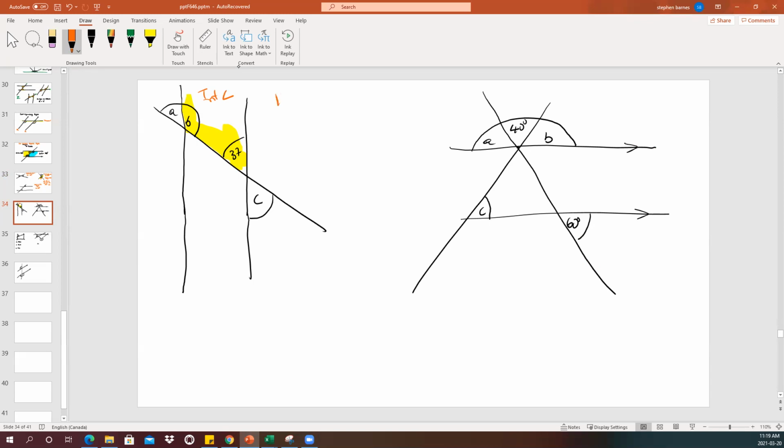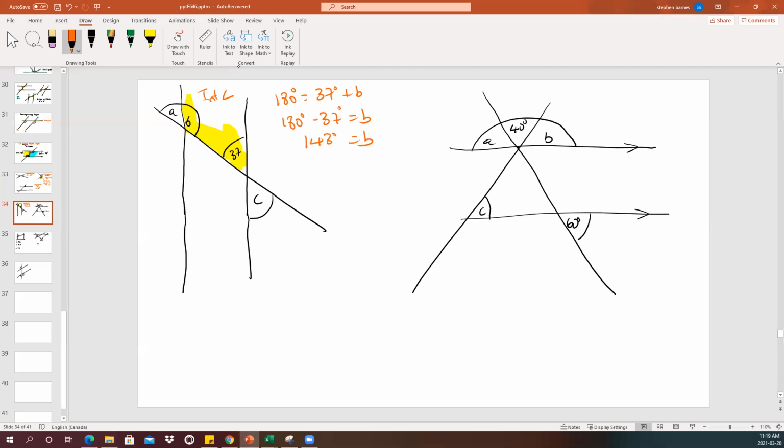So I know that 180 degrees should give me 37 degrees plus B. And so 180 minus 37 equals B. So what does that equal? 143 degrees. So I got B from that, right? So B is 143 degrees.